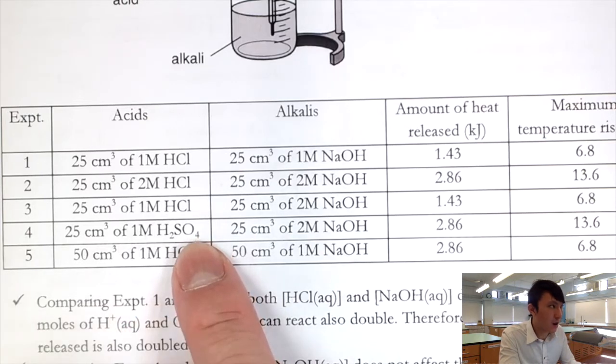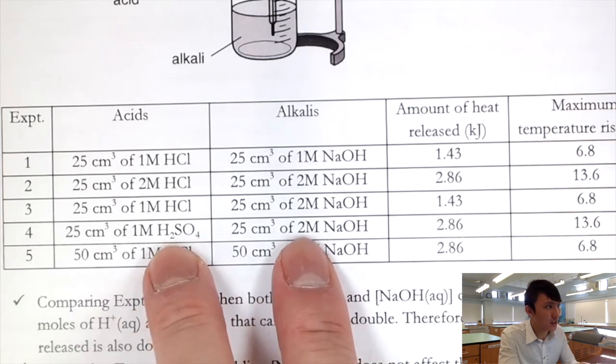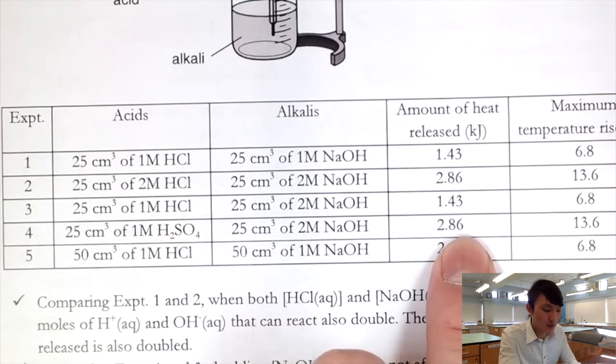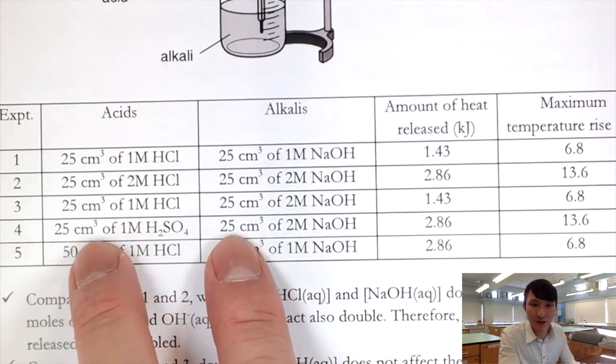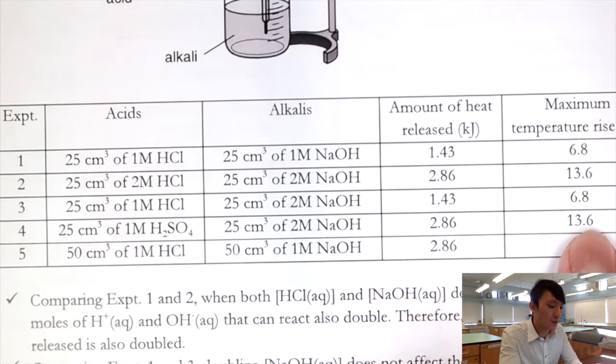That means 1 mole of H2SO4 can provide 2 mole of H+(aq). So in this situation, we have double the amount of water formed when compared to experiment 3. That's why the heat is also doubled. And the maximum temperature rise, because again they are all 50 cm³ in total, also doubled.